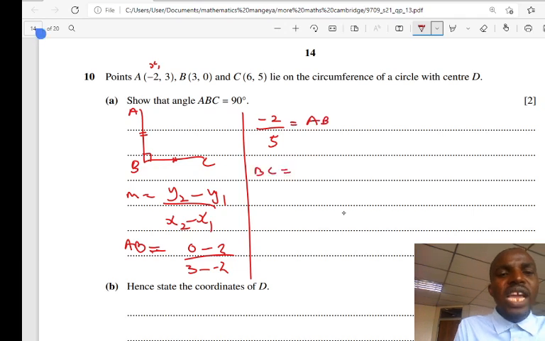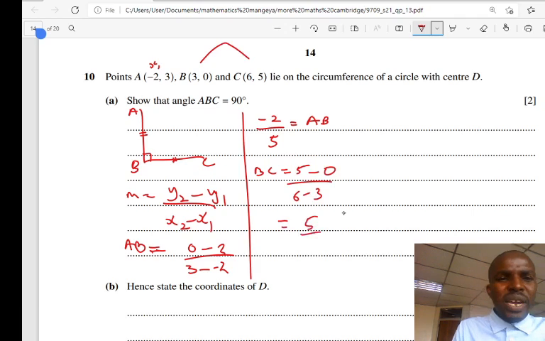For BC, you say, this one B and C is 5 minus 0 over 6 minus 3. 5 minus 0 is 5. Then 6 minus 3 is actually 3.